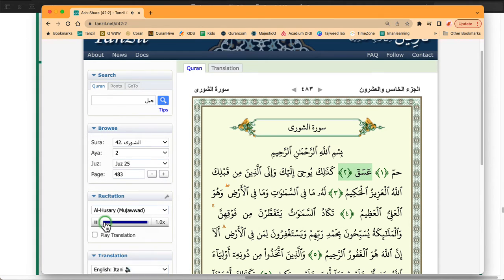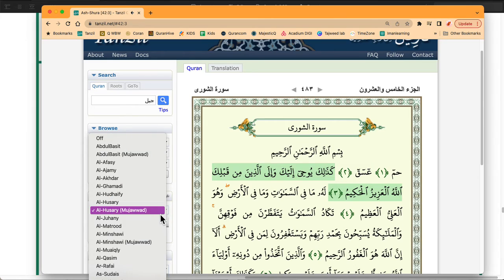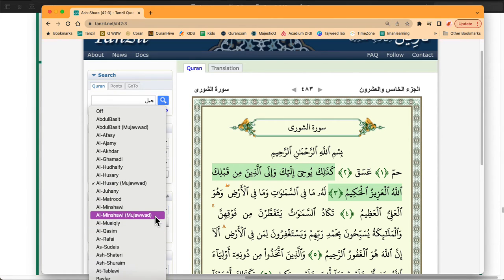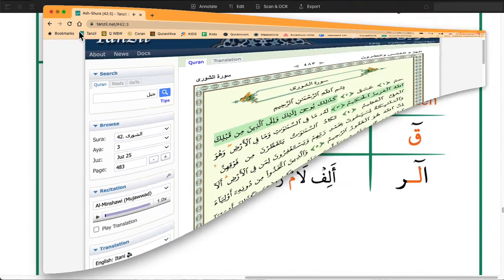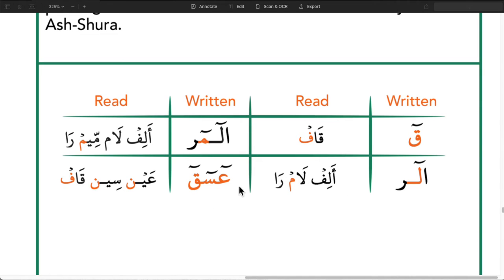Okay. And last one. Min Shawi. Oh, he didn't prolong that much, the last one. Qaf. Okay. So this is how we pronounce this one.